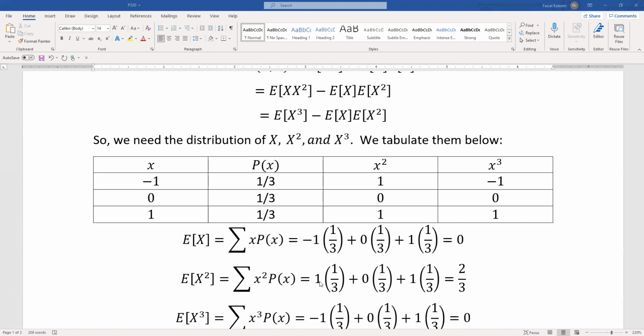What happened here is that this 1 came twice while making x squared. You have a 1 here with probability 1/3, and a 1 here with probability 1/3. So for x squared, you have 1 with probability 2/3, and 0 with probability 1/3.